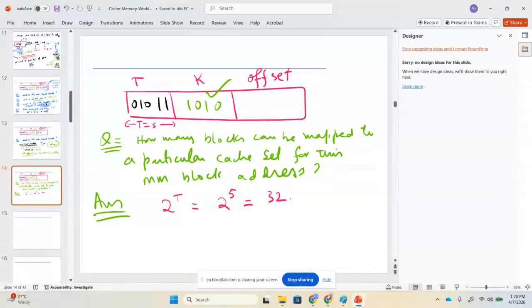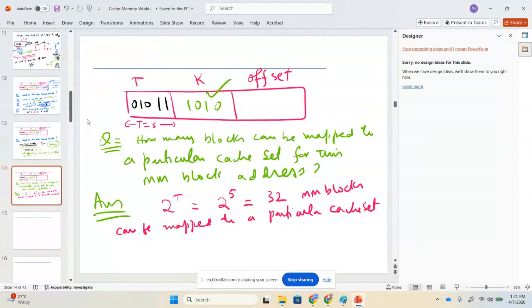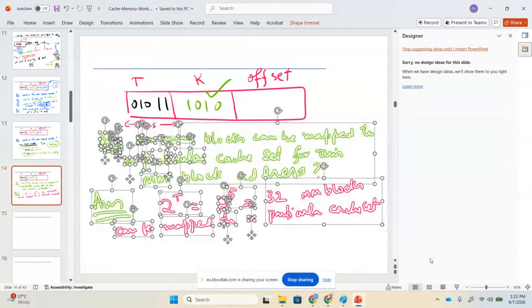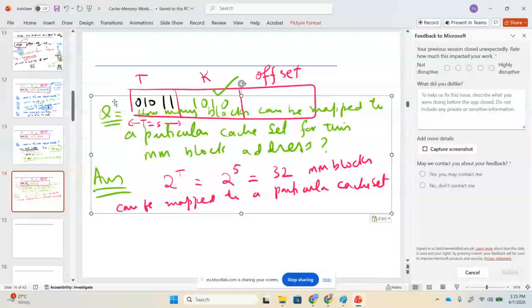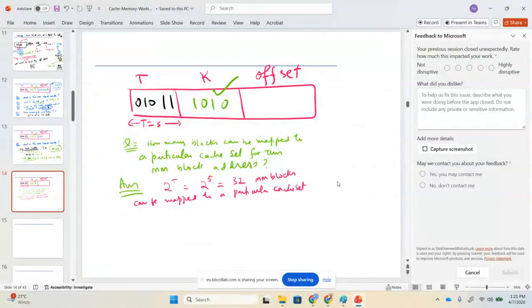For this example, 32 main memory blocks can be mapped to a particular set. Question number 1: how many blocks can be mapped to a particular set? I already explained this in my last lecture. That's the reason you need to keep track of all the lectures, and every example is this. For this example, question number 2.